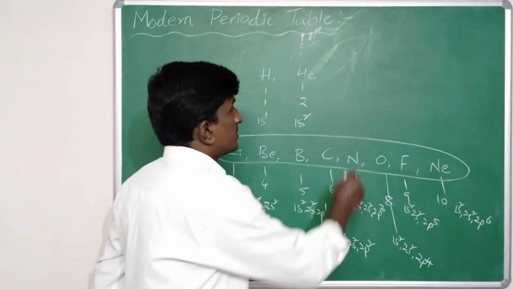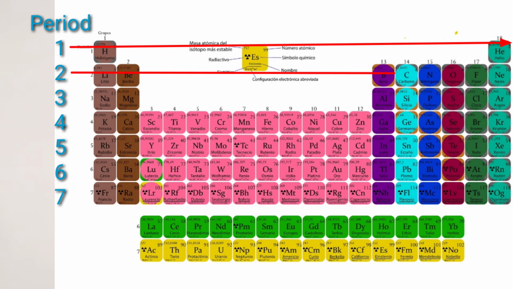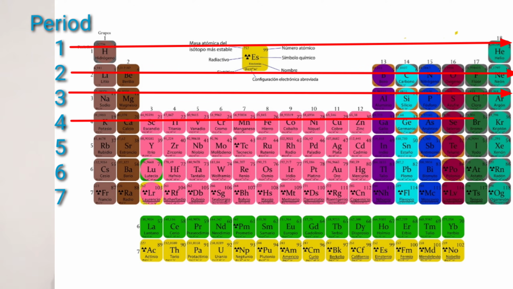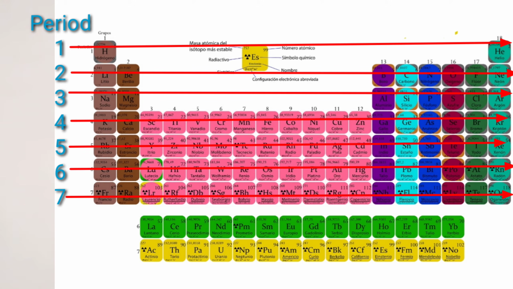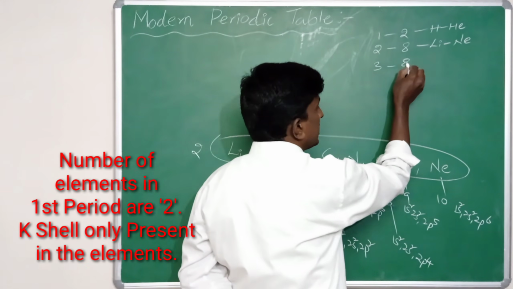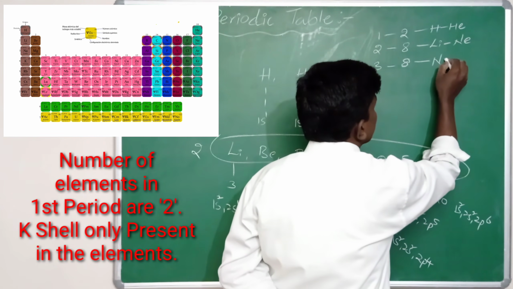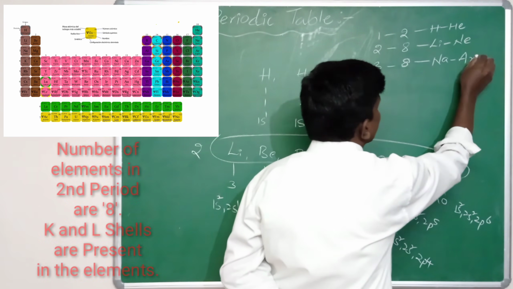So in the first period there are only 2 elements, and in the second period there are 8 elements from lithium to neon, and in the third period how many elements are there? 8 elements from sodium to argon.